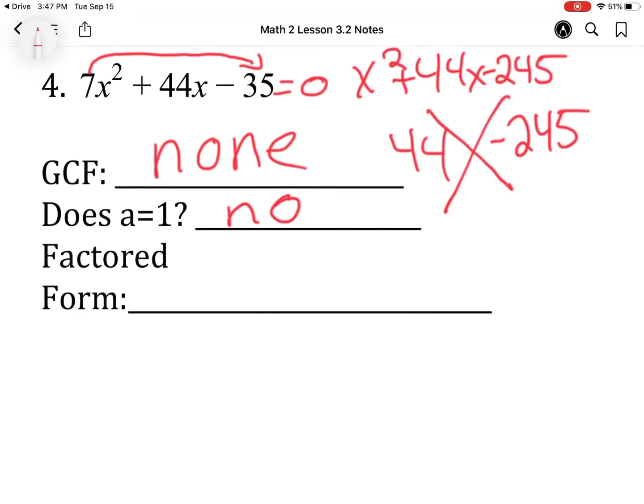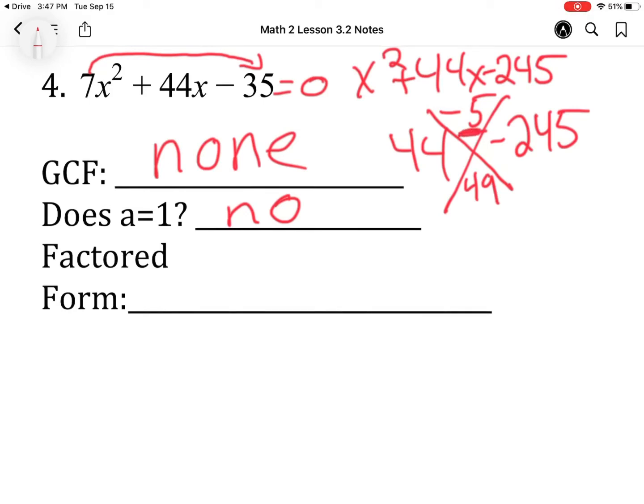That 245 ends with a 5, so I would start with a 5. Hopefully we can see 5 times 49 gives us our 245. And then to get that negative 245 and to get that positive 44, we're going to have a negative 5.